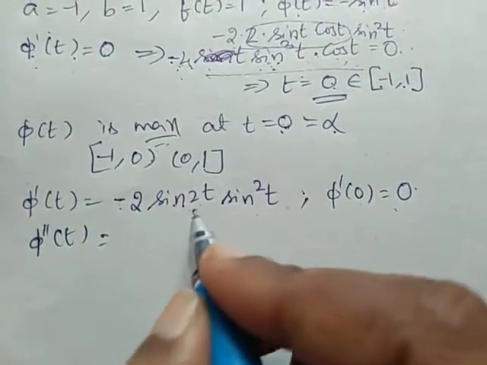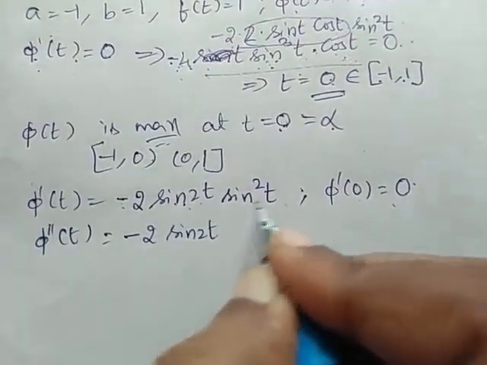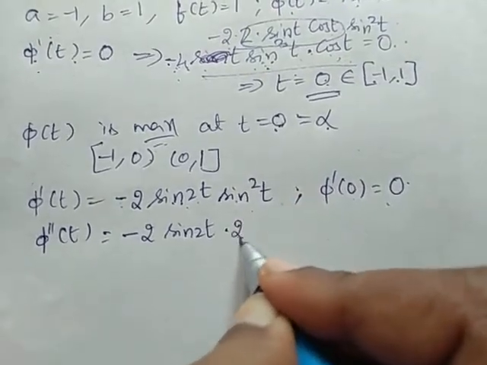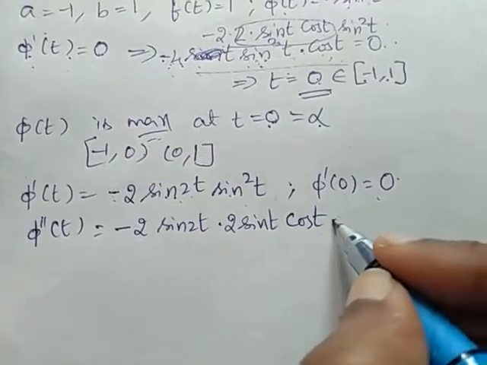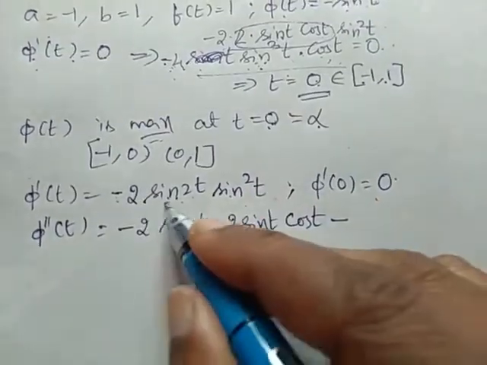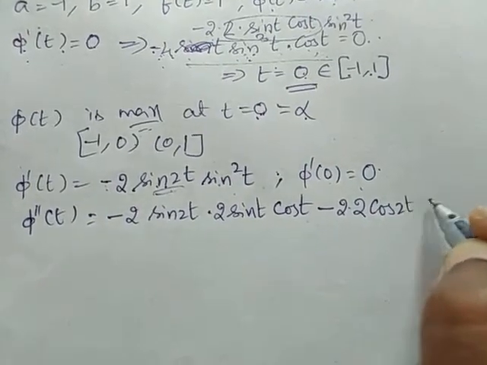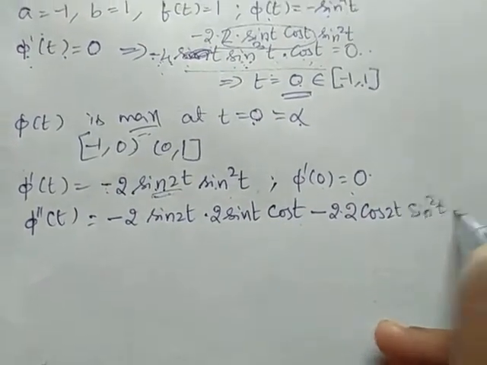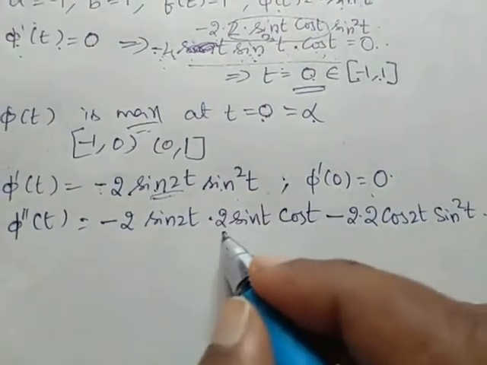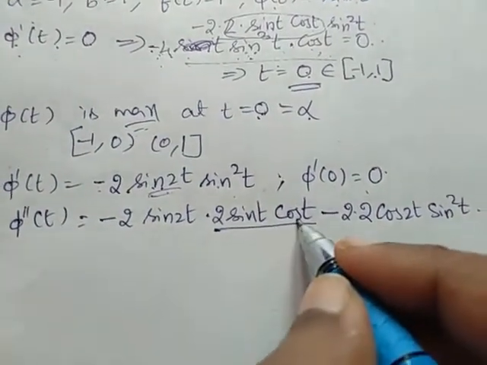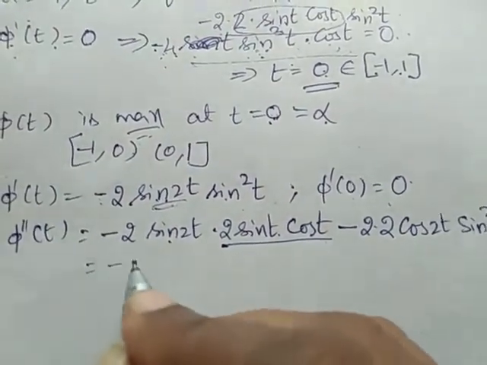Using the product rule, I will get minus 2 sin 2t times the differentiation of sin square t, which is 2 sin t cos t, minus the differentiation of sin 2t, which is 2 cos 2t, with sin square t remaining as it is. Again 2 sin t cos t I can write as sin 2t, so sin 2t into sin 2t gives sin square 2t.